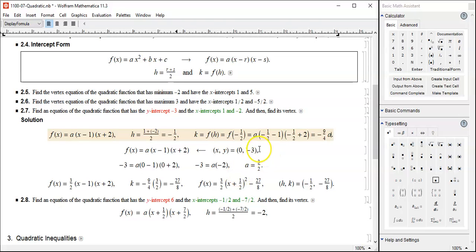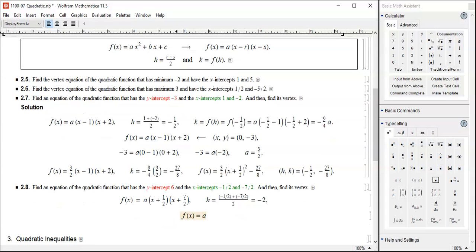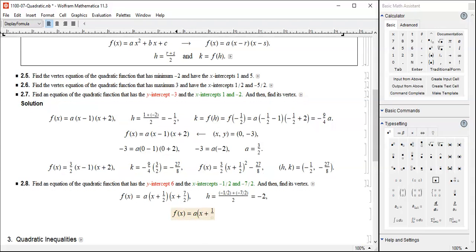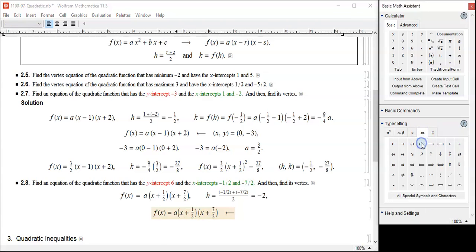How do you do that? You'll have to use the y-intercept as you did before. So over here, you have to plug in what? (0, 6).